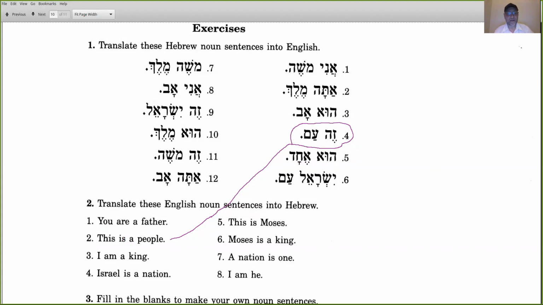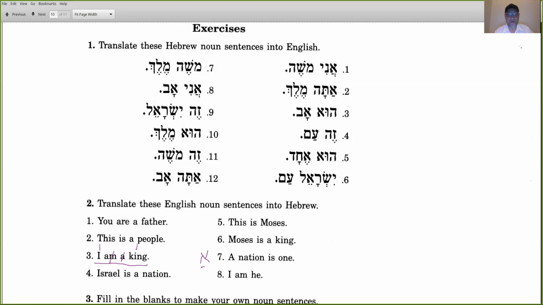Okay, number 3. I am a king. So we don't have to worry about that. We need to worry about this one. I and king. So we know that I is ani. King is melech. Okay? So let's write this out. I don't see it up there. We'll write it out.